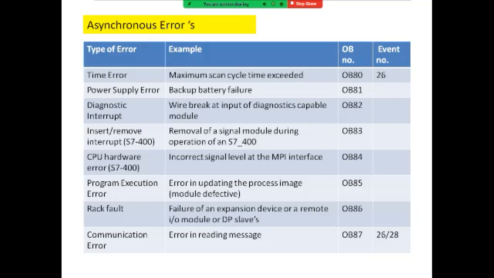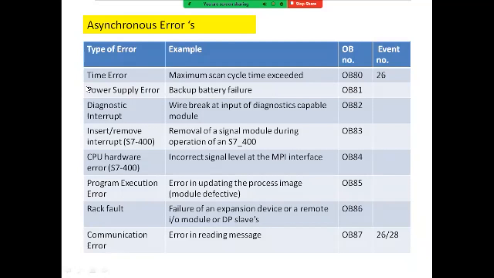If you compare with S7300, it does not have a backplane, but it has one connector, like a chain connector. By using the connector, we can expand the modules in the 300 system. That's why it does not have this option of online removal or inserting of modules.